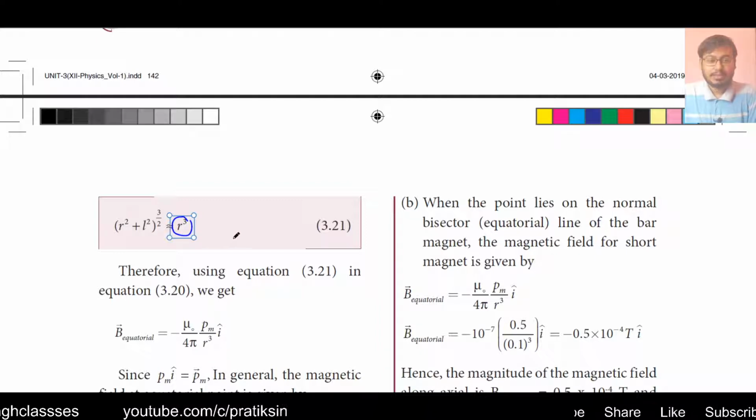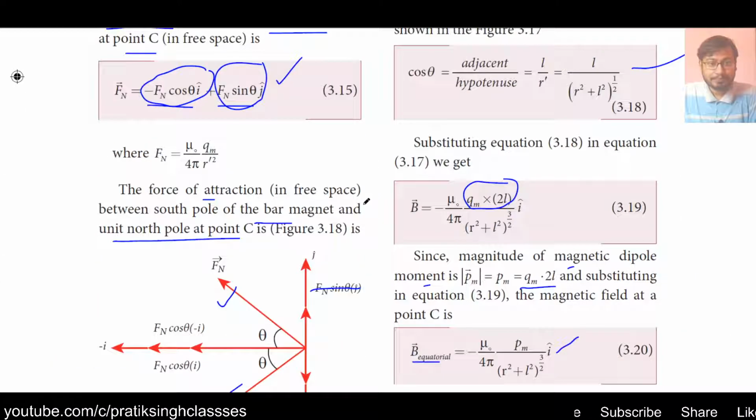So what happens here is, if L is far smaller, in that situation, sorry, what have I written here?